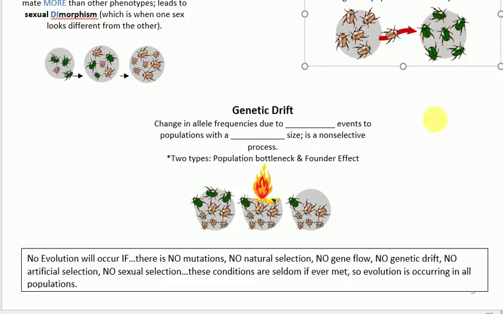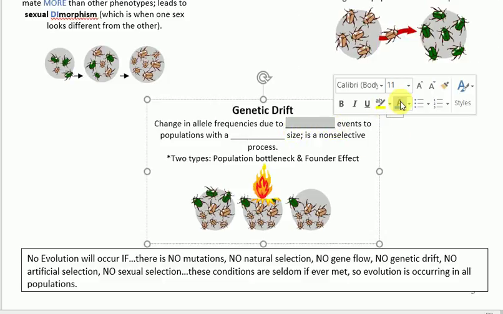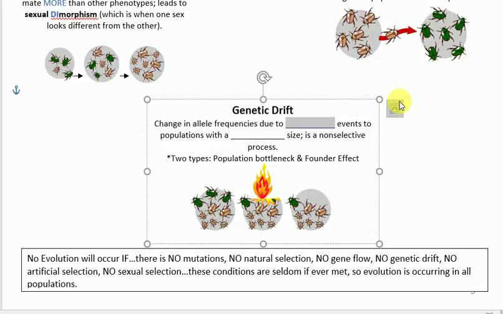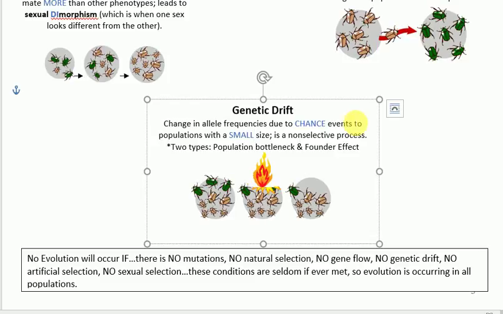And then we have genetic drift. This is a change in allele frequency due to what is called a chance event. And the chance event to a population is basically going to affect its size. So when there's a chance event and the population has a small size, then it's going to affect basically what's available allele-wise for reproduction.